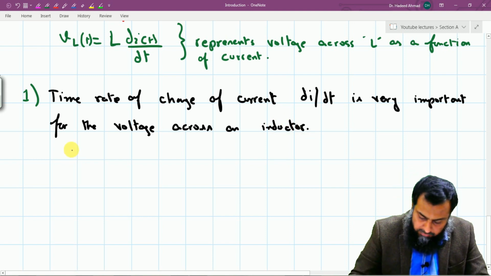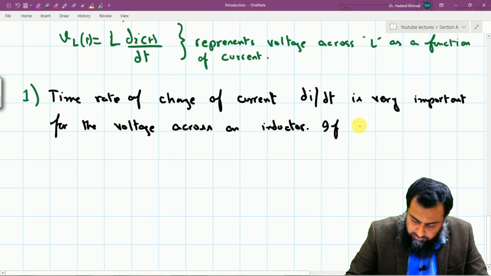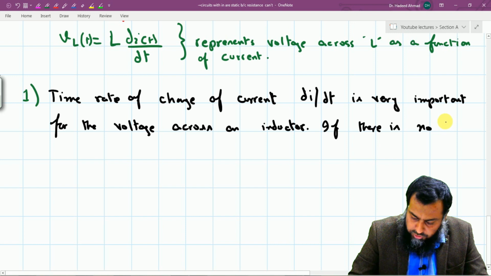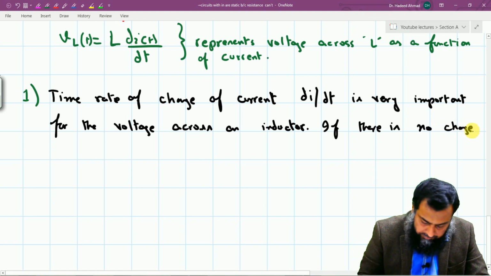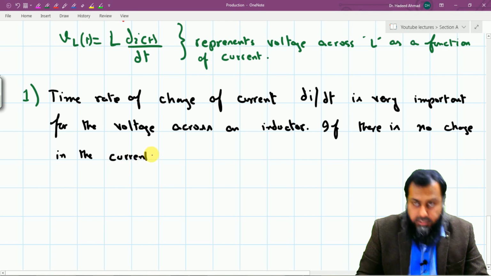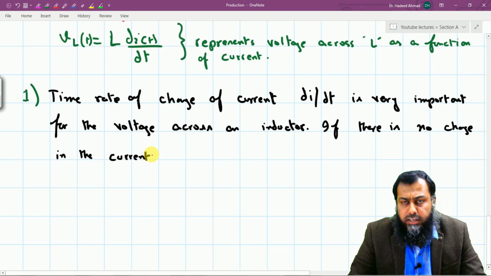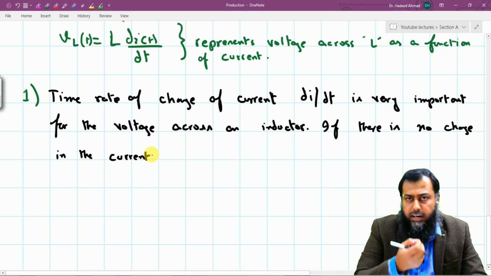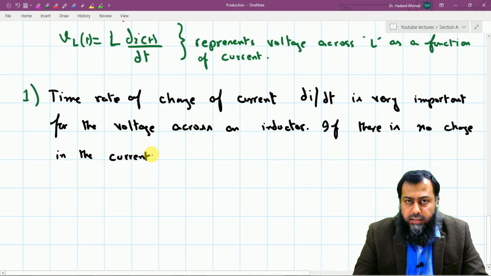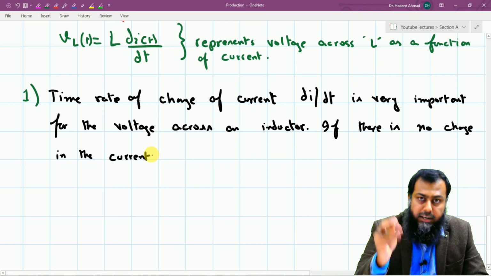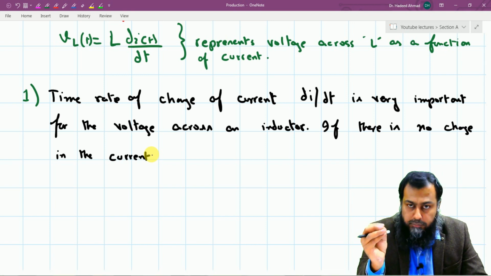So if there is no change in the current, such that di/dt is equal to 0 and the current is actually a constant, then the voltage across the inductor is equal to 0, and hence the inductor behaves like a short circuit path.